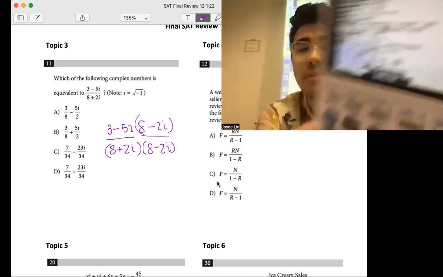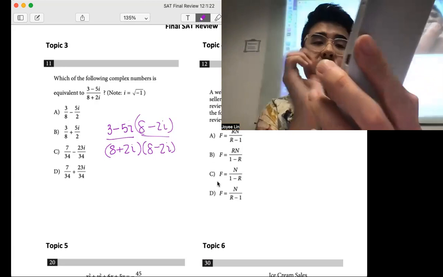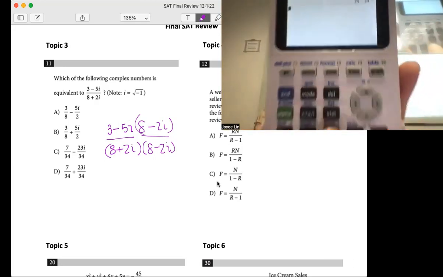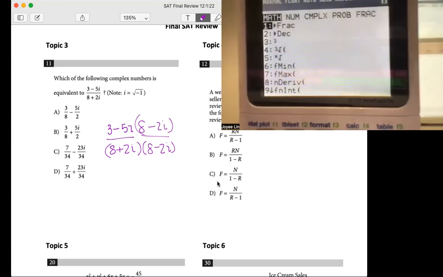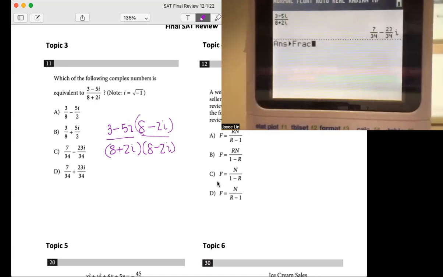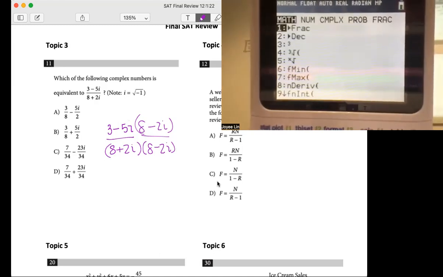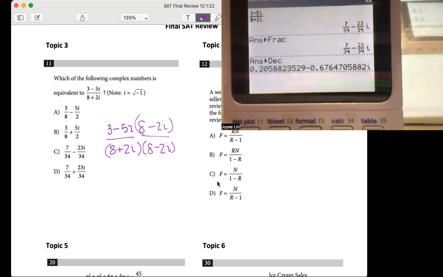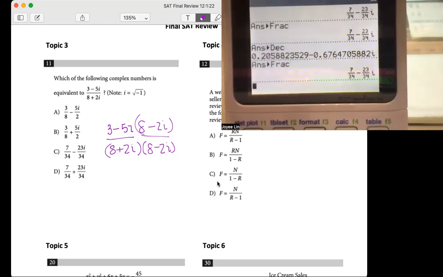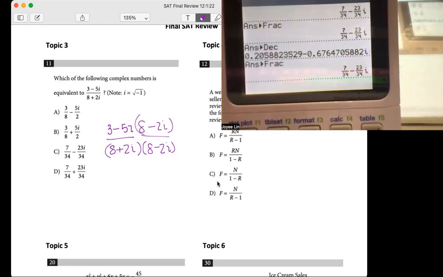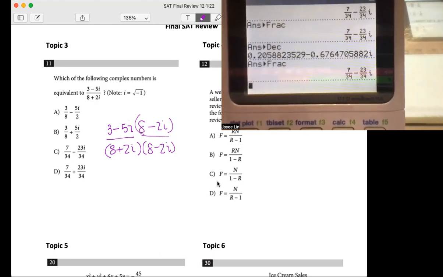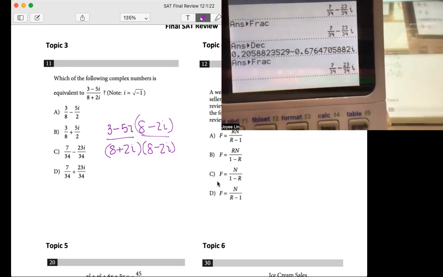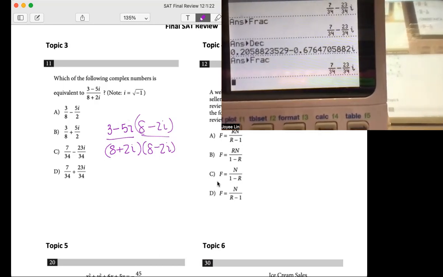If your answers aren't coming up as fractions still, you can always go to math, the third one on the left side, and you can do frac to convert to fractions if you ever need a fraction, right? If you want to go to decimal, you can go back and convert to decimal, right? You get that form of the i, and then you go back to fraction. Usually for a lot of things on this calculator it does decimal, and so I use math frac a lot. That's the most common function I use to quickly convert to fractions.